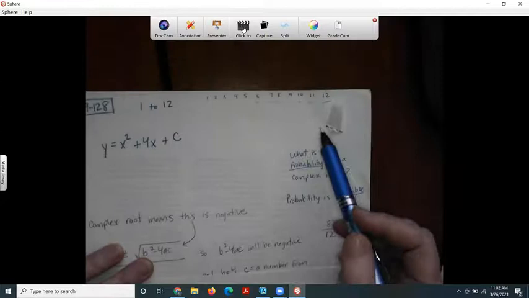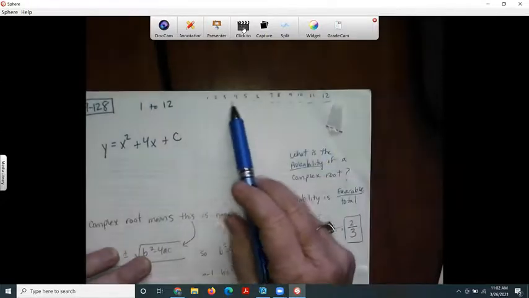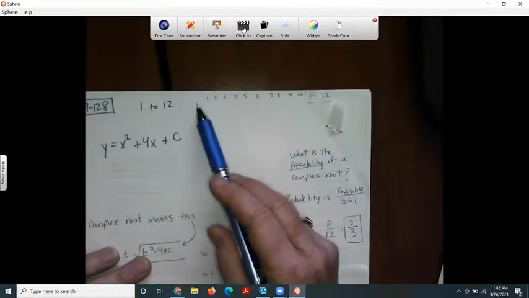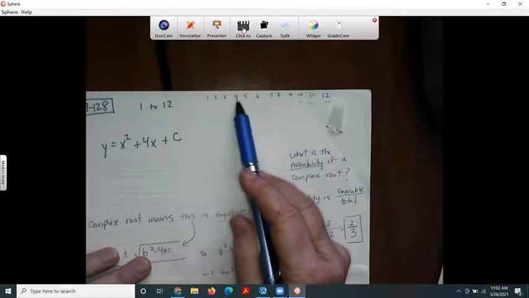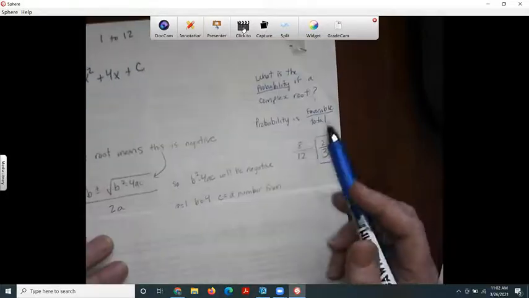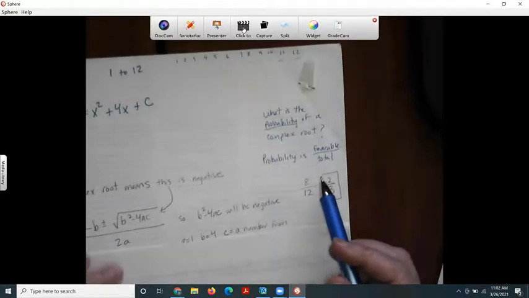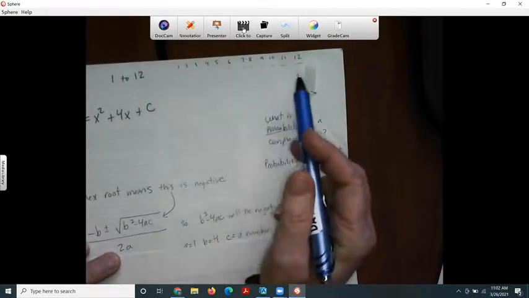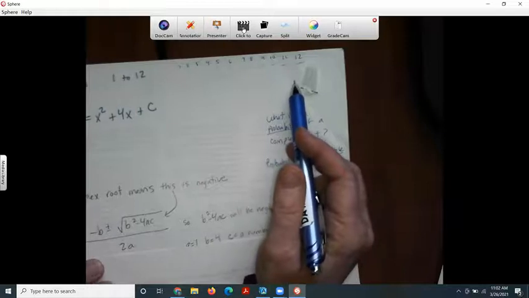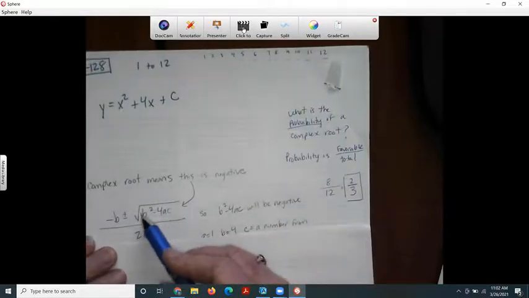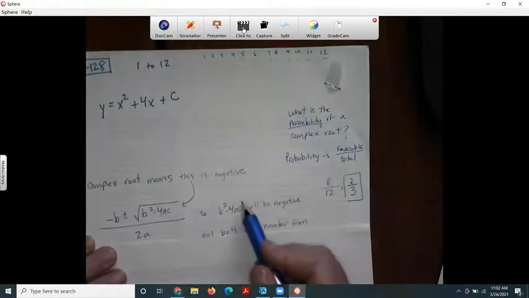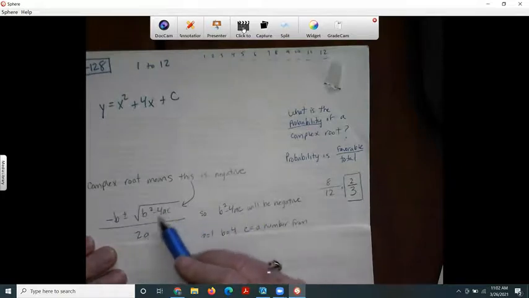There's 12 total numbers. And so we want to know how many of those numbers give us a complex root. The complex root happens when this thing here is negative. So I can just take that part out and save myself the work of doing the other part.